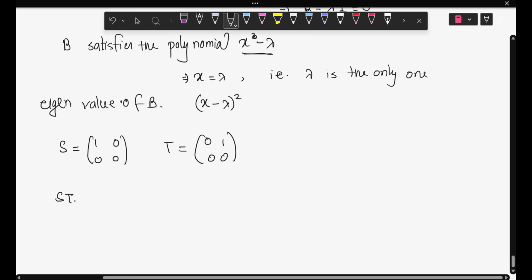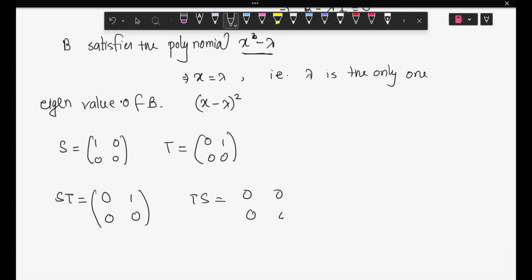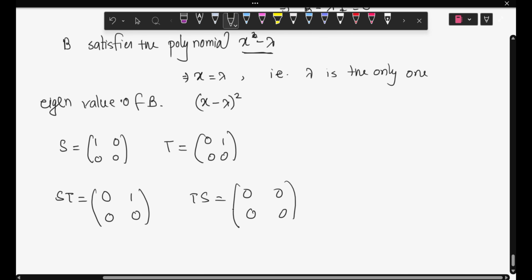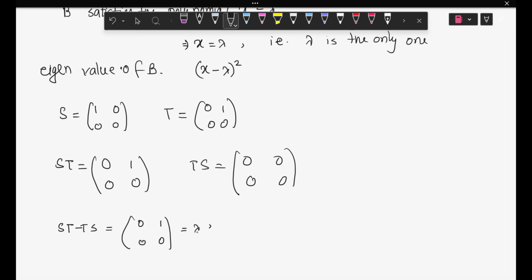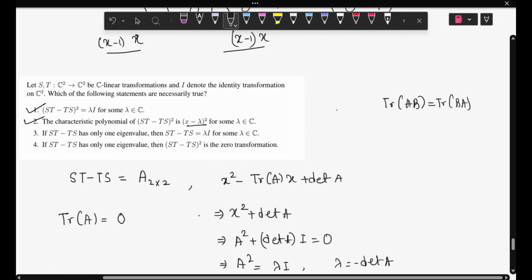Now let's calculate ST. ST is equal to 0 1 0 0 and TS is equal to 0 0 0 0. Okay? ST and TS are found. Now let's calculate ST minus TS. That gives you 0 1 0 0. From this I can say ST minus TS has only one eigenvalue, and that is 0. But ST minus TS cannot be represented as lambda times I for some lambda belonging to C. Okay? So option C is wrong.